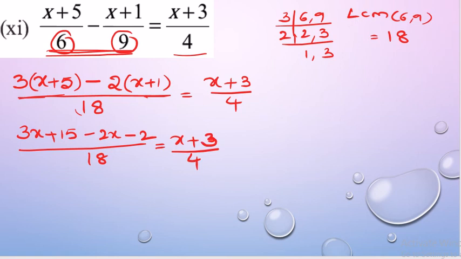So this is nothing but x plus 3 divided by 4. So 3x minus 2x is nothing but x, plus 15 minus 2 is nothing but 13, divided by 18 is equal to x plus 3 divided by 4.